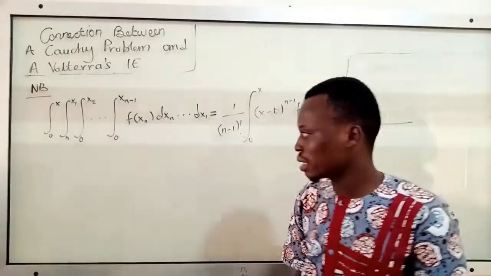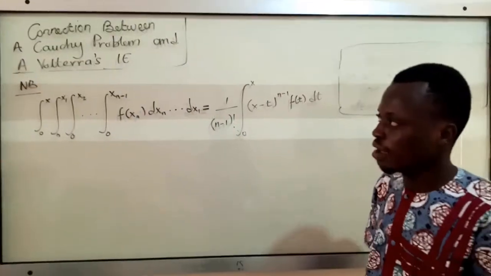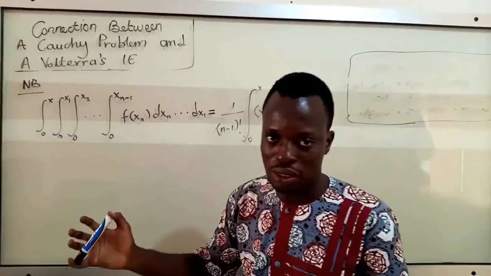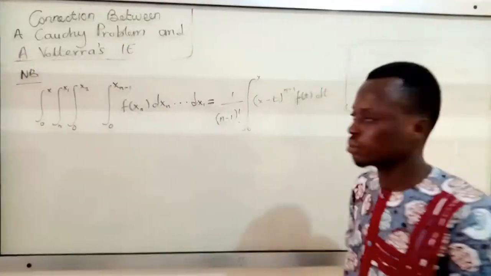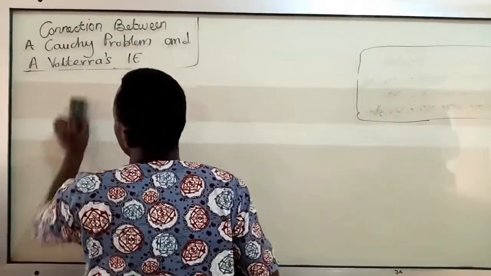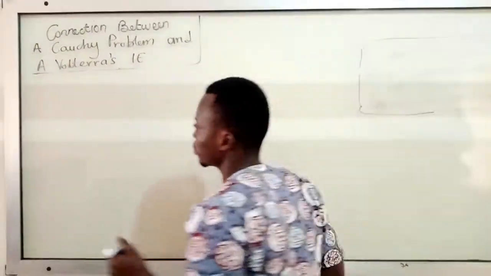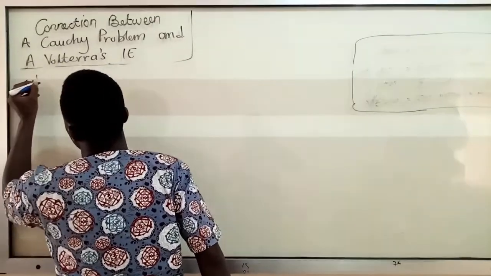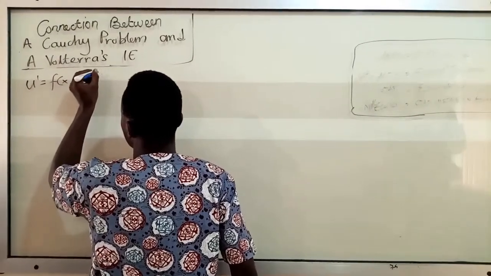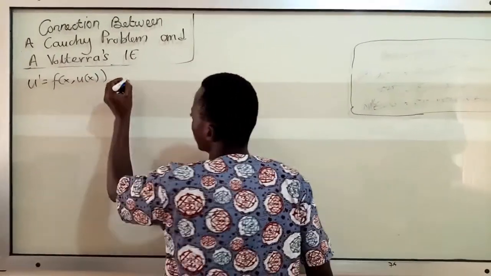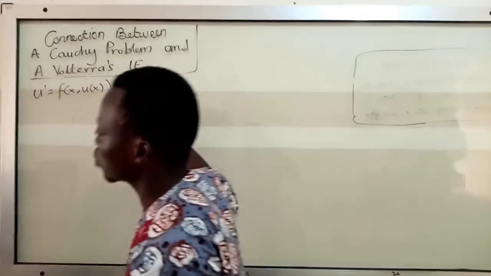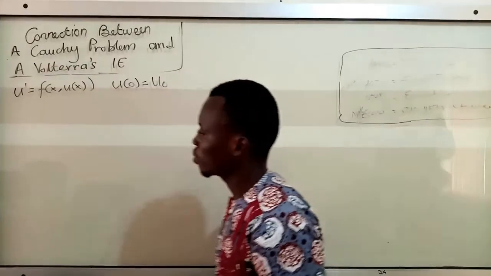So let's continue by considering a first order ODE with initial conditions, and convert it to a Volterra's integral equation. Let's consider the equation with the initial condition u of 0 equal to u0.